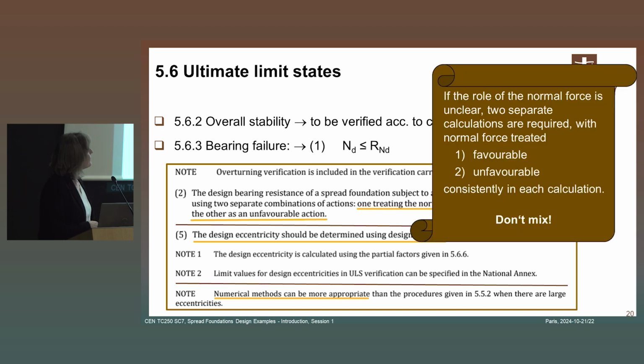And so if you are not sure how it acts in the limit state verification at the end, you have to consider 2 possible calculations. One where the normal force is treated favorable, and second, where the normal force is treated unfavorable. But you should not mix. So in one calculation, it's always either favorable or unfavorable. So remain consistently in one calculation then.